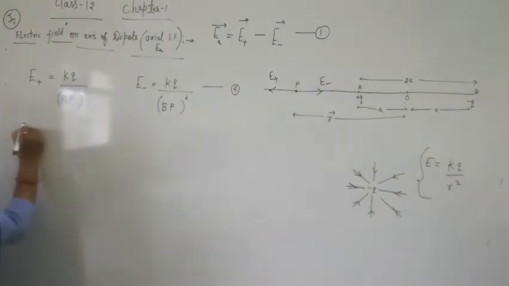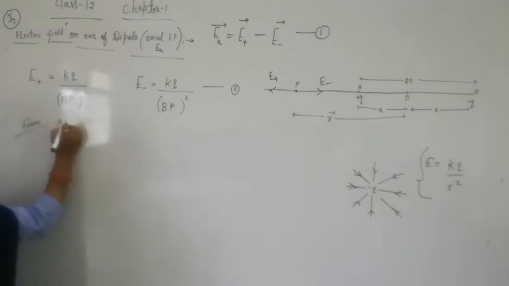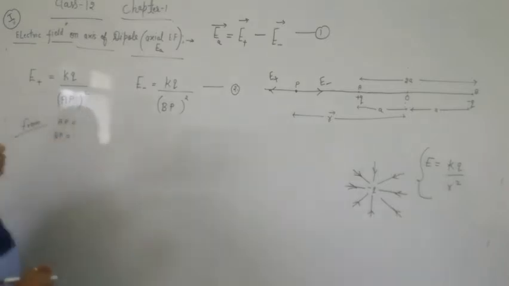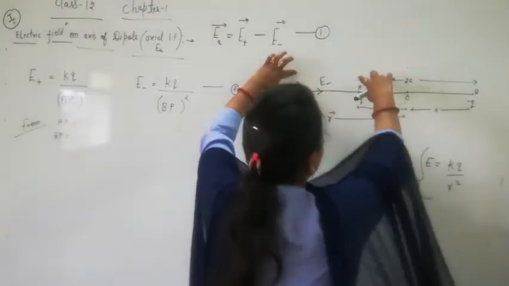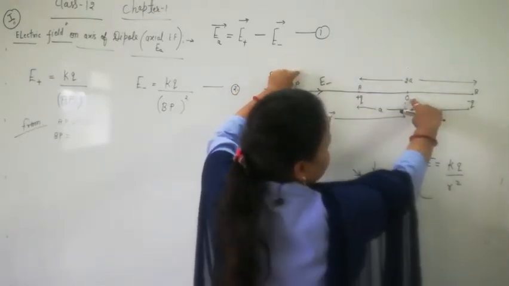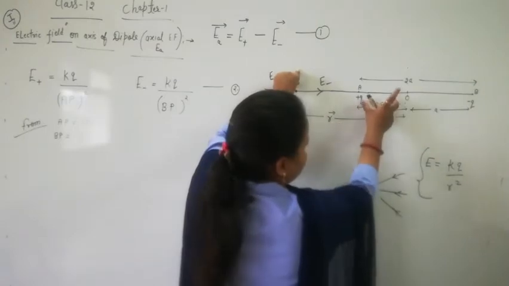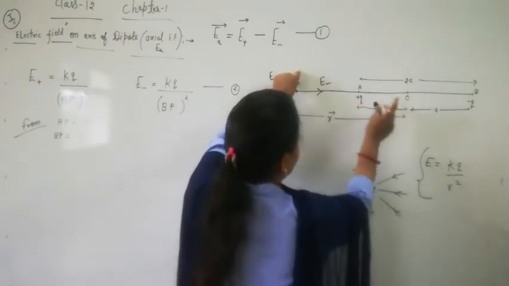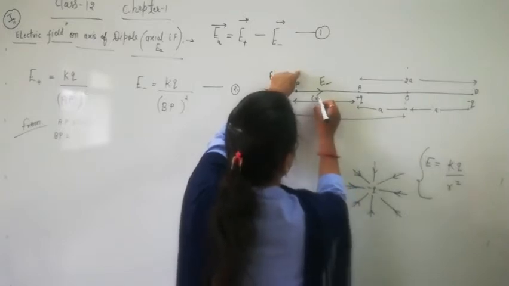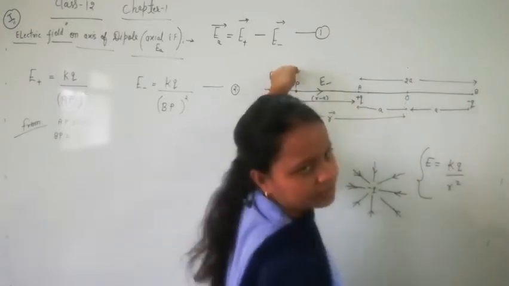So next, from the diagram we calculate AP and BP. What about AP? Look at this. Actually OP is the small r, and the small section here is small a. So the resultant AP is r minus a.